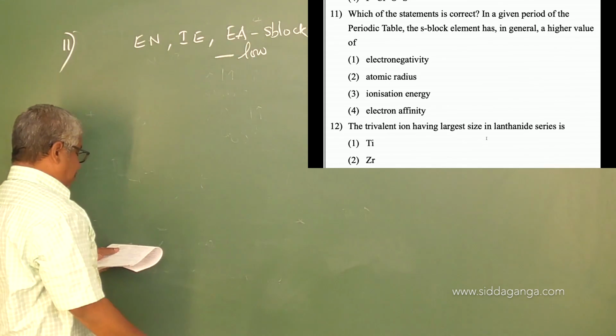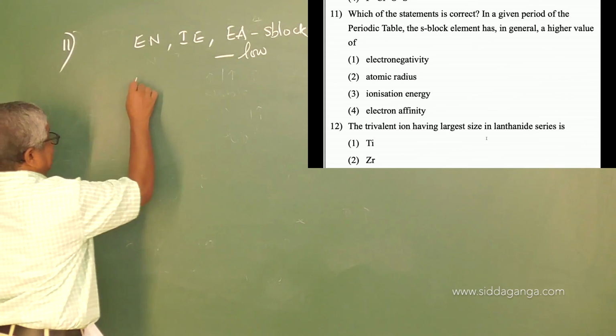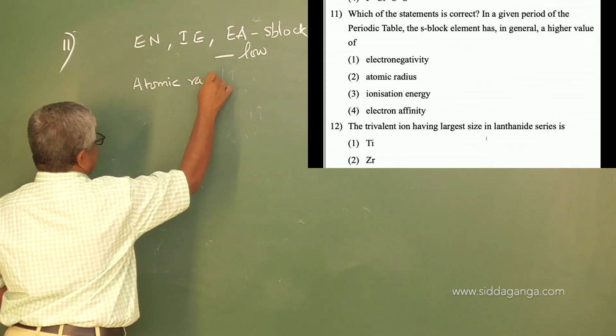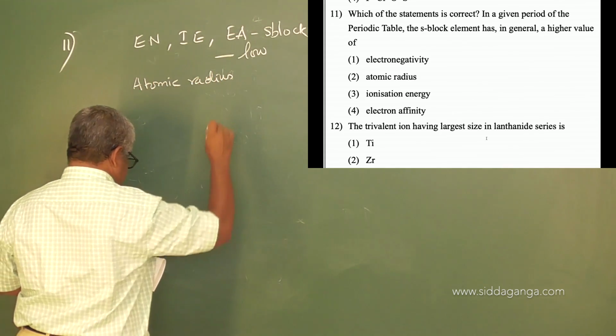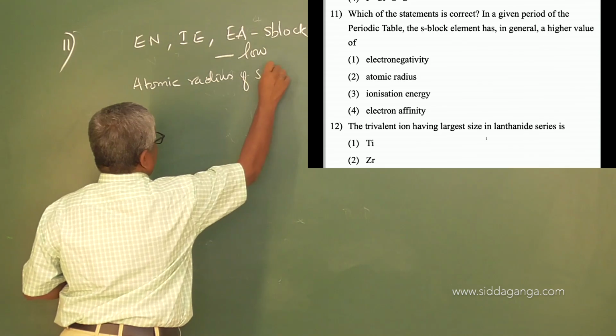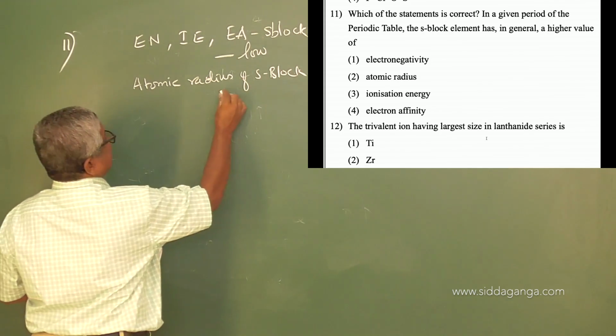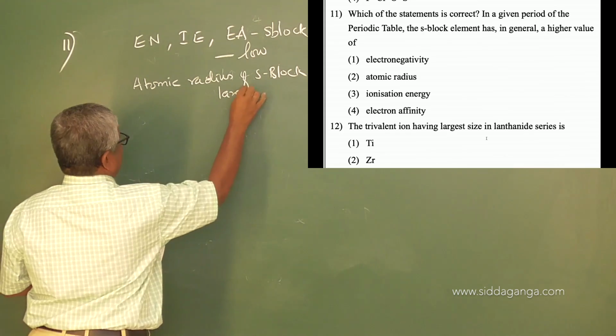S block it is a low value, but atomic radius of S block is the large values.